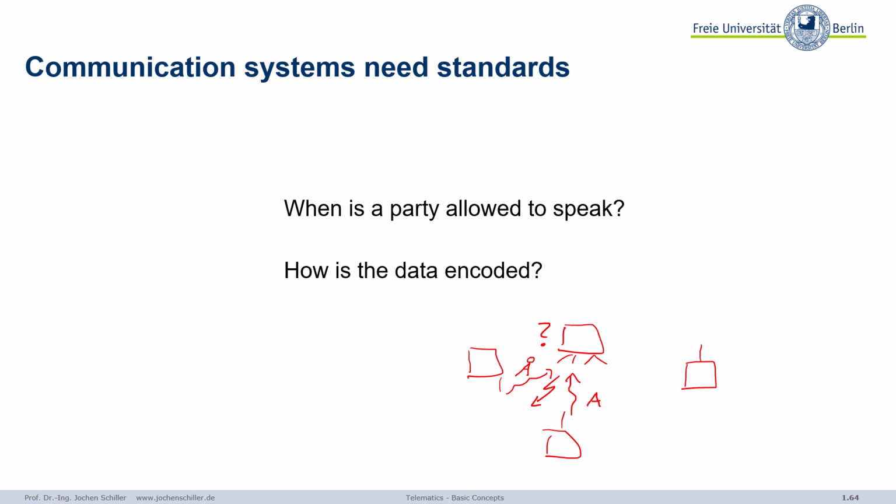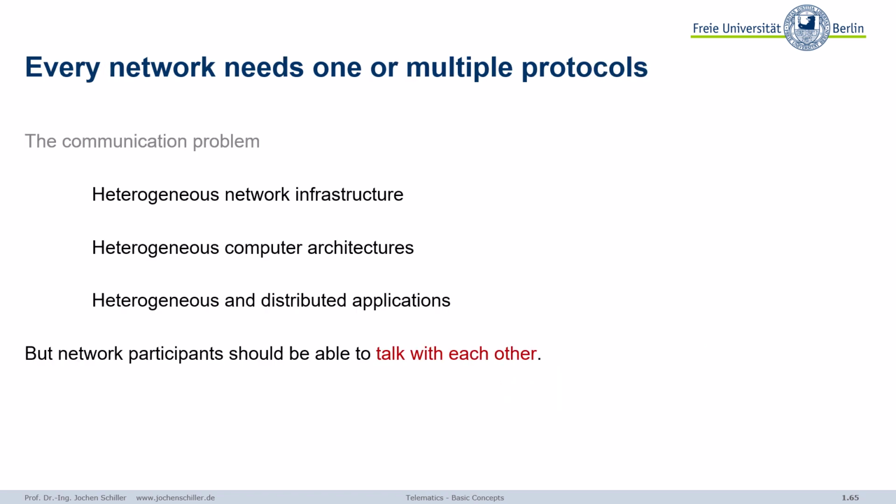Why do we need this? Well, the world is not homogeneous. We have many different networking infrastructures. We learned the internet is a network of networks. So different infrastructures, different computer architectures, they all may have different languages, different encodings.